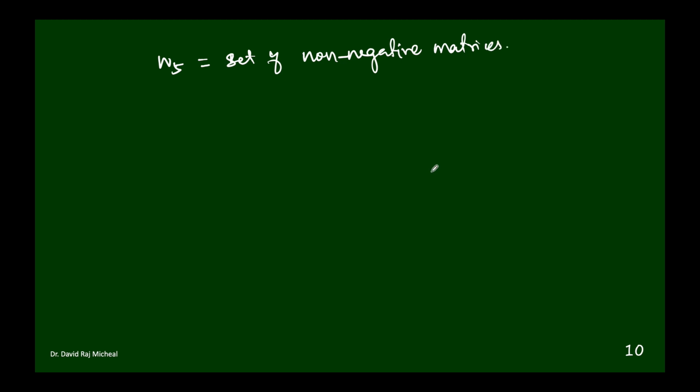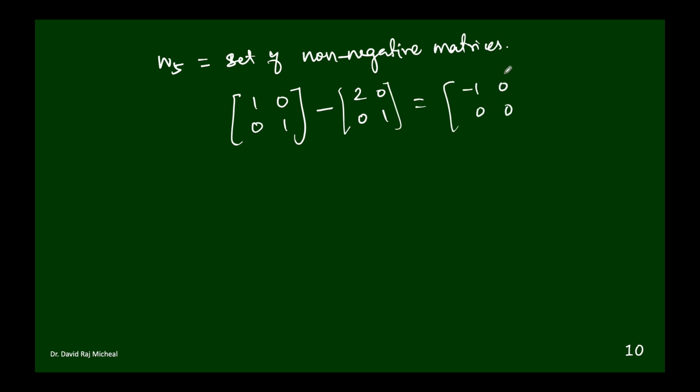Is it a subspace? Obviously, this is not a subspace because you can verify it with a bigger example, but I will give one special example. Let's say suppose I have the identity matrix [1 0; 0 1], and then let's say minus 2 times [1 0; 0 1]. Doesn't matter. So this is equal to [-1 0; 0 -1], right?